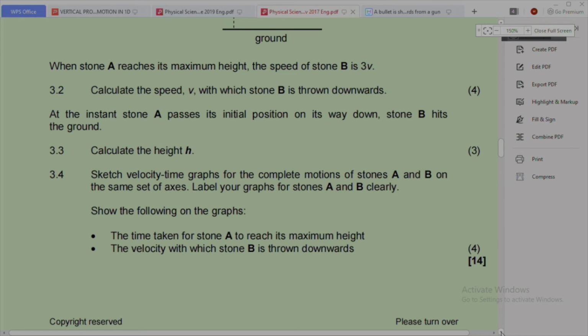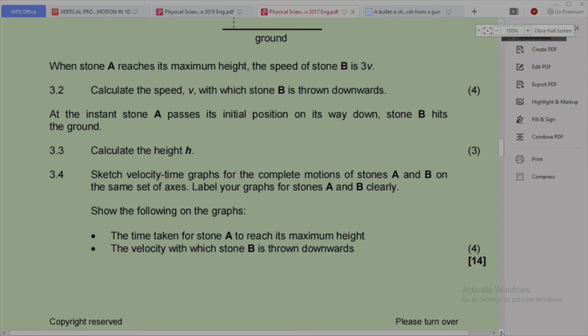Label your graphs stone A and stone B clearly. Show the following graphs: the time taken for stone A to reach the maximum height and the velocity with which stone B is thrown downwards. Meaning we are going to have the velocity time graph.